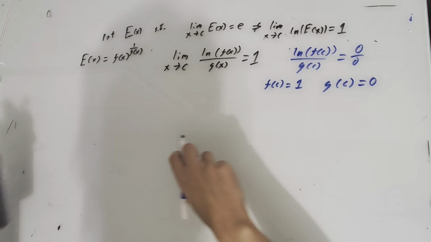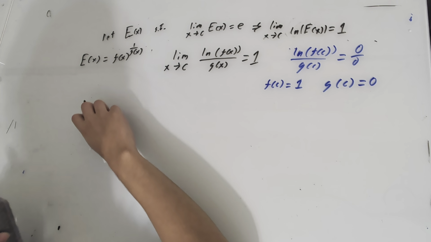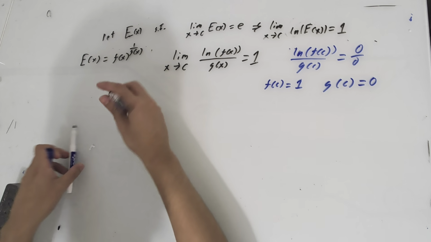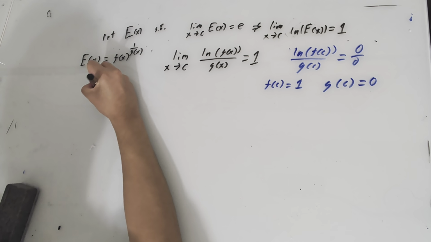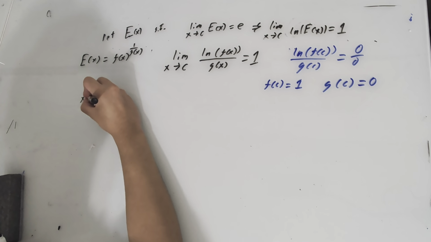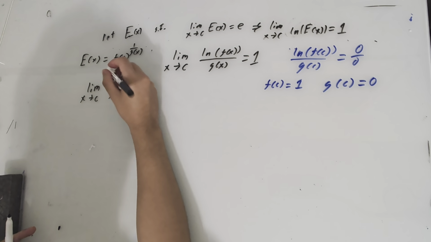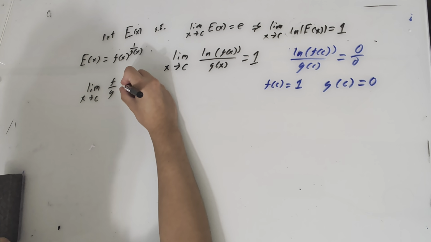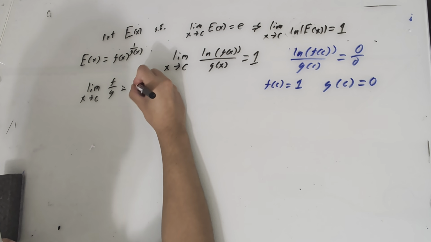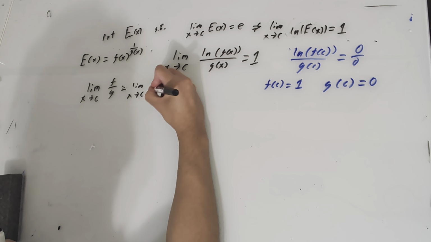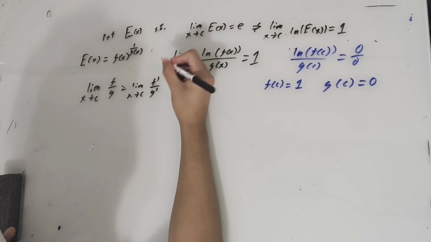All right, when we're trying to solve a limit that involves an indeterminate form, we use L'Hopital's rule. So if the limit of a function f over g is indeterminate, then that is equivalent to the limit of the derivative of f over the derivative of g.